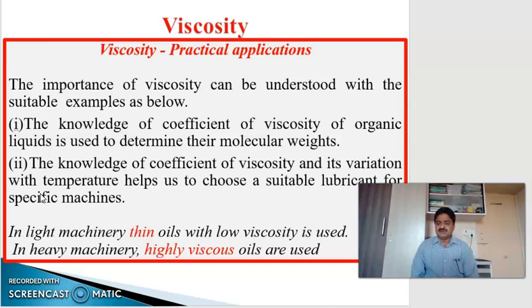It is increasing, sometimes it remains constant. So we have to think which oil is to be used for that machine. One has to think, so that we can measure the viscosity of the liquid, and that particular viscous liquid is used for that machine.